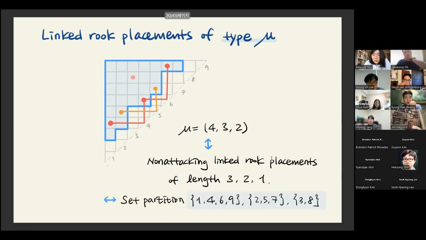And that corresponds to a set partition of 1 through 9 with block sizes 4, 3, and 2. And the reason why we consider these linked rook placements is because the chromatic quasisymmetric functions are computed over the set partitions, and that's why this is going to be the base set of the computation.